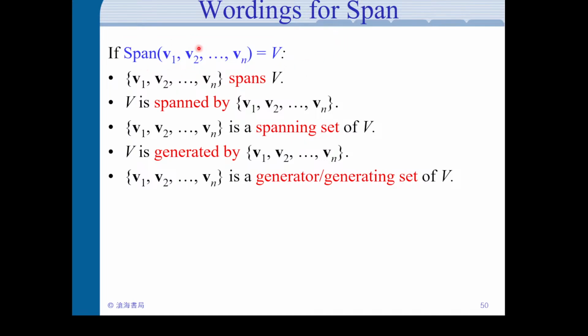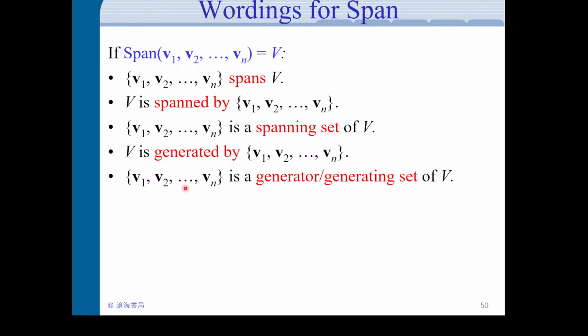So if the span of this set v1 to vn equals some subspace V, there are 5 wordings that we kind of copied from Wikipedia. First we can say this set of vectors spans V, or in the passive, V is spanned by this set of vectors, or this set of vectors is a spanning set of V. There are other wordings with the name generate.